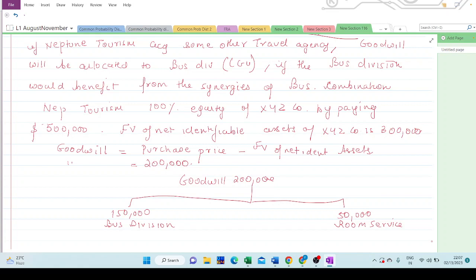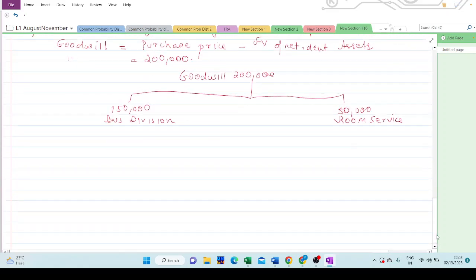IAS 36 has a lot of annexures which tell how to allocate goodwill, but those are really complex and basically out of our syllabus, so I won't be dealing with them. Even the CPA syllabus avoids all this, and I don't think the ACCA syllabus deals with it either. So since it's not part of our syllabus, we are also avoiding the same.